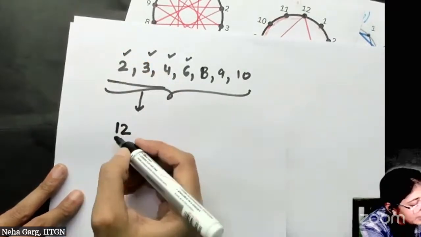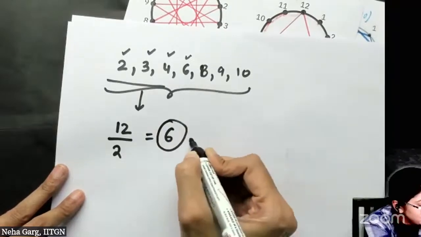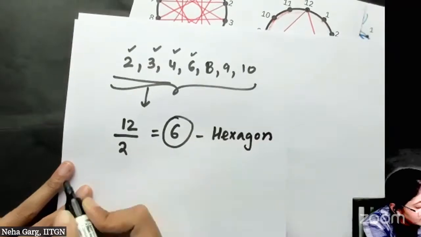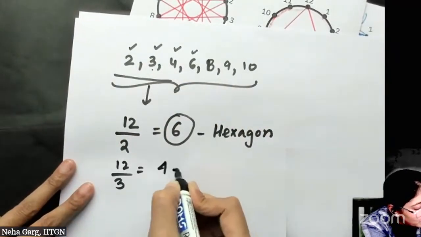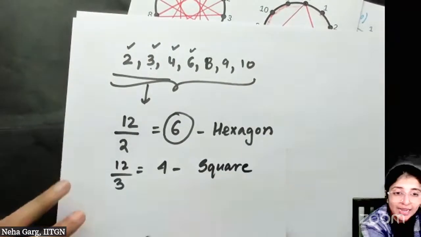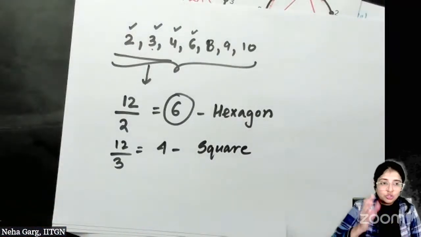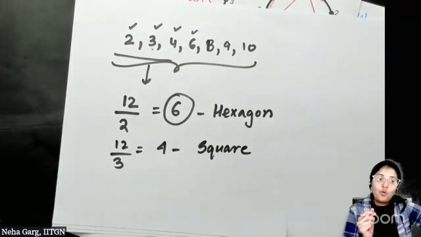If we divide 12 by 2, we get 6, and this is the shape that we got, a hexagon. When I divide 12 by 3, I get 4, which gives me a square. Because we are adding 3 and the total is 12, it's the same question as how many times 3 can go into 12.